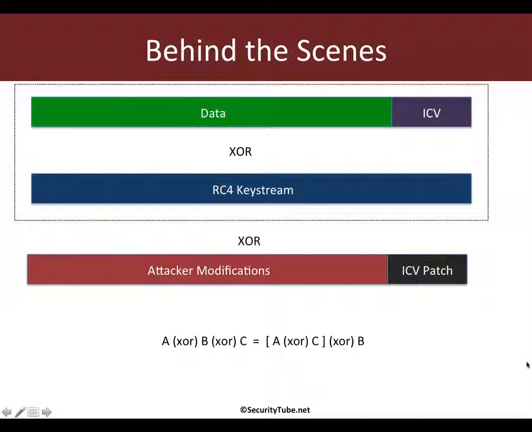Now, here is a very interesting property of the XOR operation. Let's say the original plain text packet is A, the key stream is B, and the attacker modification is C. So currently the way we are looking at it is A XOR B, which is we XOR the plain text data with the key stream to get the encrypted packet.